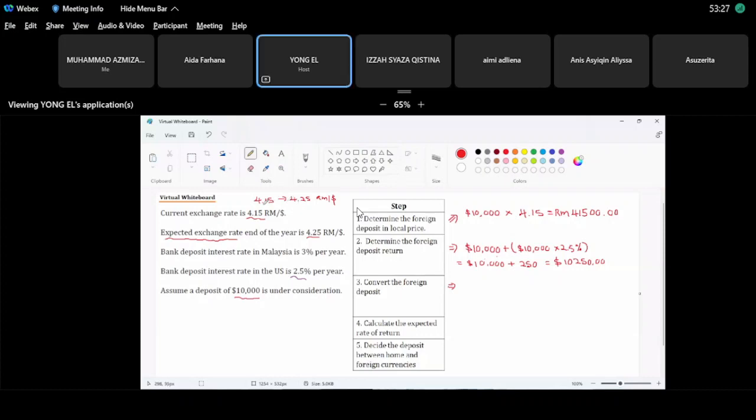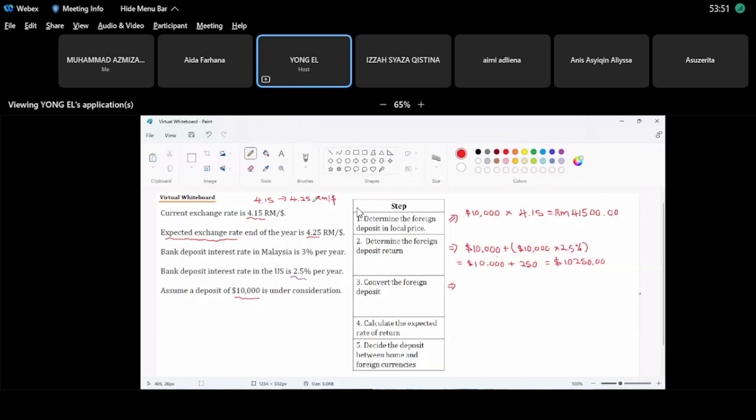Yep, this is an increase, but this is a depreciation. The currency value here increases from 4 ringgit and 15 cent to 4 ringgit and 25 cent. This is an increase, but it also means you need to use more Malaysian ringgit to buy 1 US dollar.